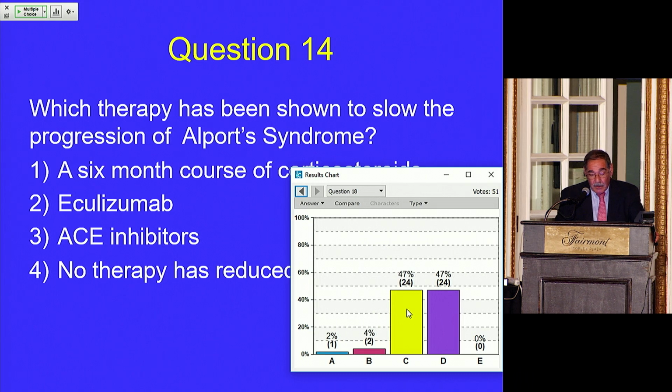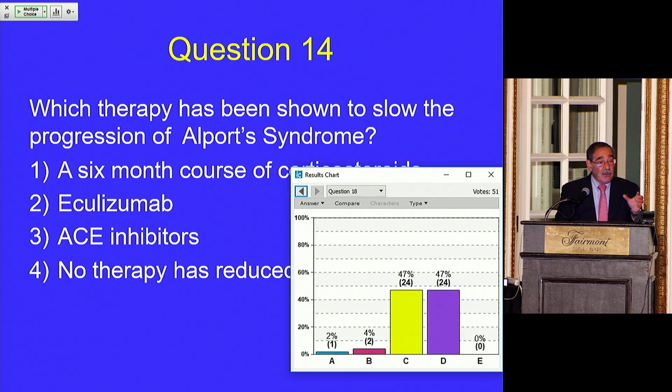Okay. Oh, wait a minute. There is no majority here. So it turns out that ACE inhibitors have actually been shown to slow the progression. Now, the way they did this, I can understand why somebody would say no therapy has reduced it. It's not a randomized controlled trial. What they did is they used ACE inhibitors and compared them to the sibs of the people with Alport's, their brothers and sisters.